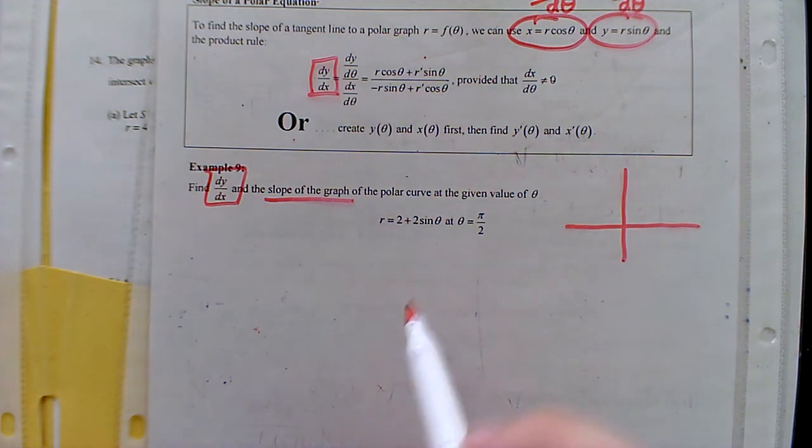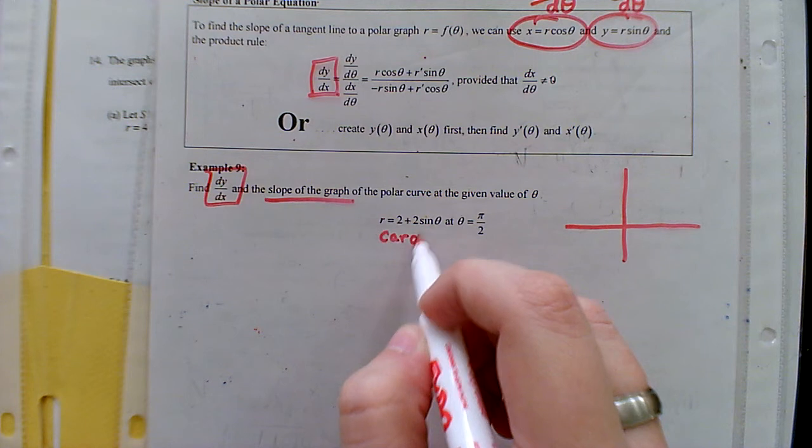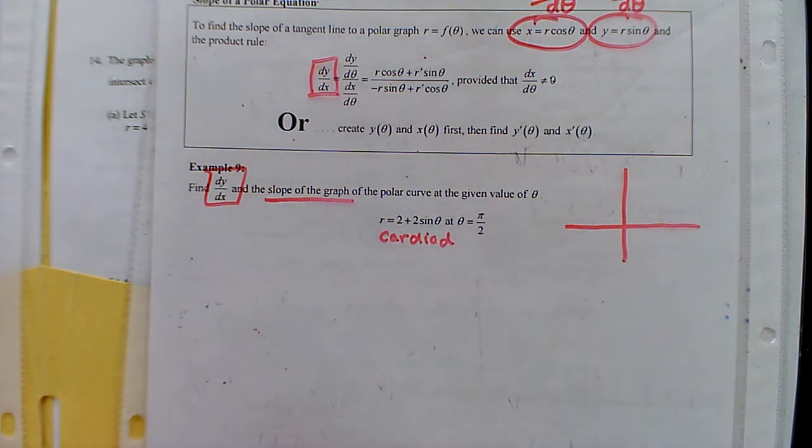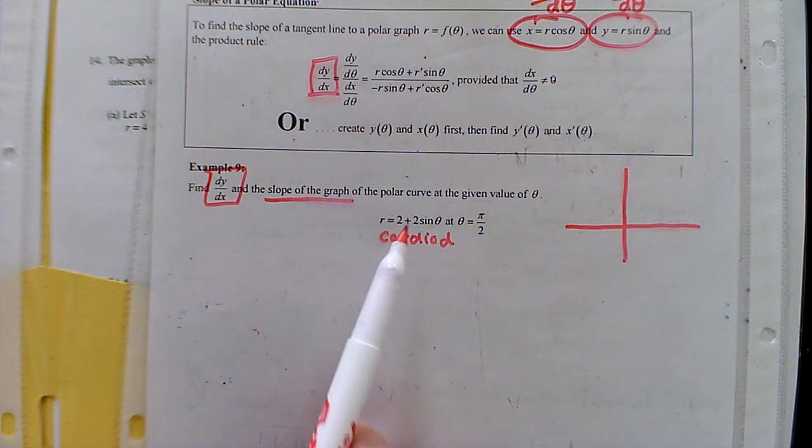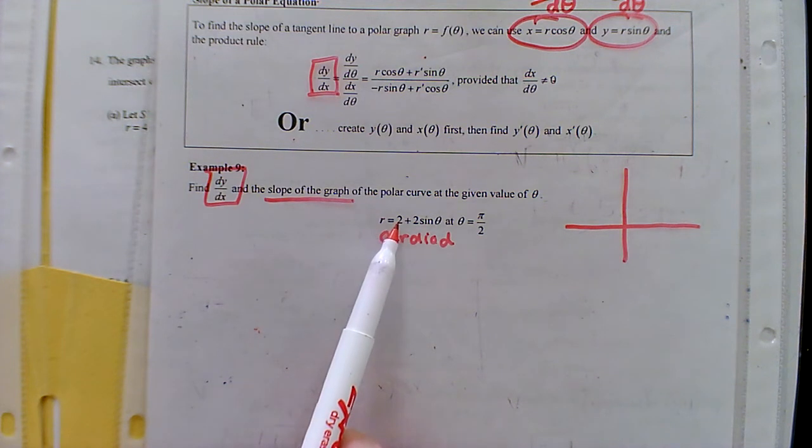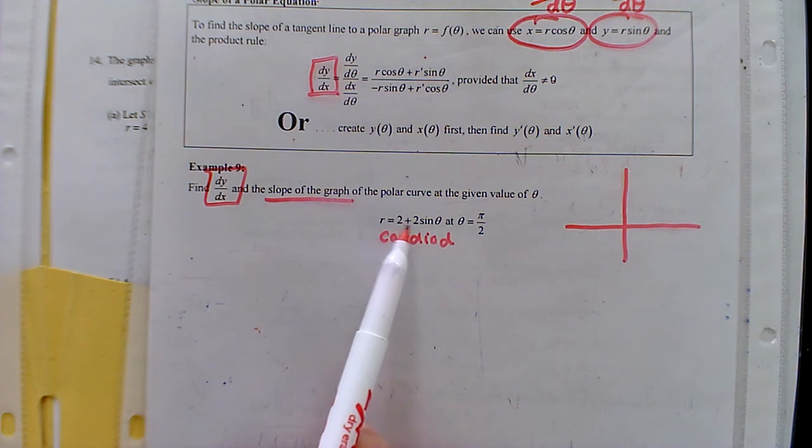What do you think, Cameron? It's going to be a cardioid, so we're going to have that heart shape. And can we think about where or how this heart shape is oriented, where it might be located? This one was a little tricky. You had to take that addition number and then the coefficient number and do something with those two.